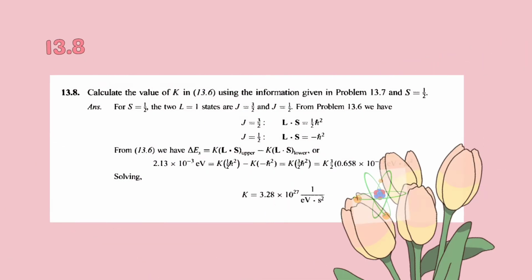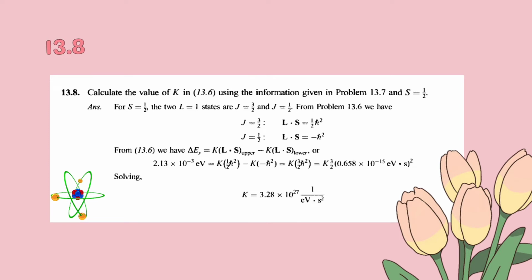Next question, 13.8. Calculate the value of K using the information given in the previous problem, and S is equal to half. So for S equal to half, the 2L is equal to 1, and state J is 3 over 2 and J is 1 over 2, from the previous question.